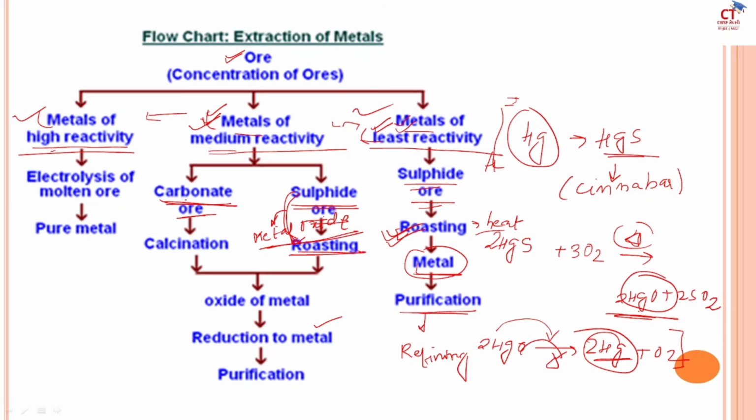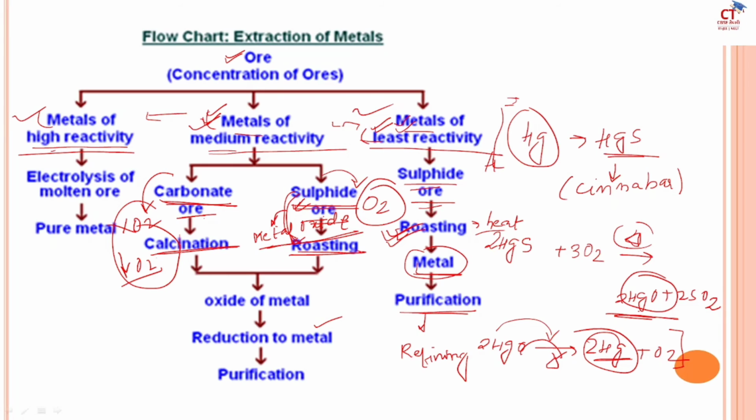And in carbonate ores, we again heat this. However, in sulfide ores, we give oxygen in the presence of air. In the case of carbonate ores, there is no oxygen or very little oxygen. This calcination process occurs in the absence or limited supply of oxygen.